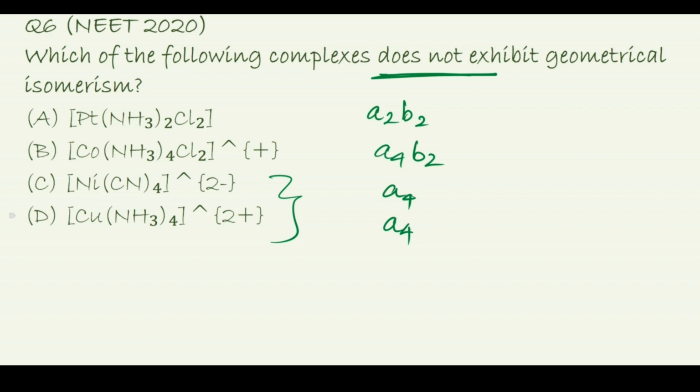Among these two, which is tetrahedral and which is square planar? So D is tetrahedral, and C is square planar, correct? So tetrahedral complexes do not exhibit geometrical isomerism, which makes option D the correct answer to this question. If you want to know more about how to solve, just go above and see the solving part.